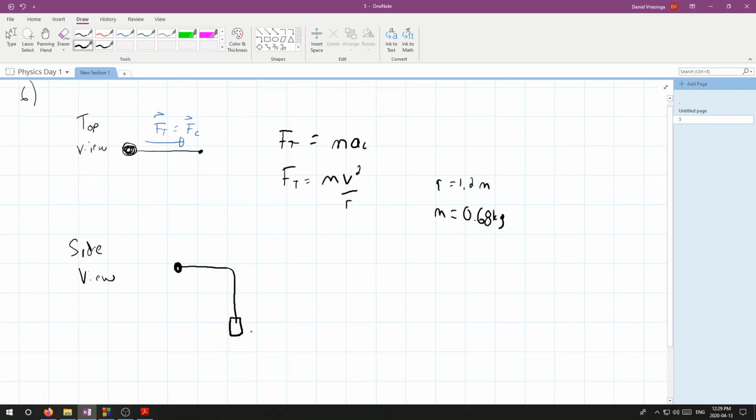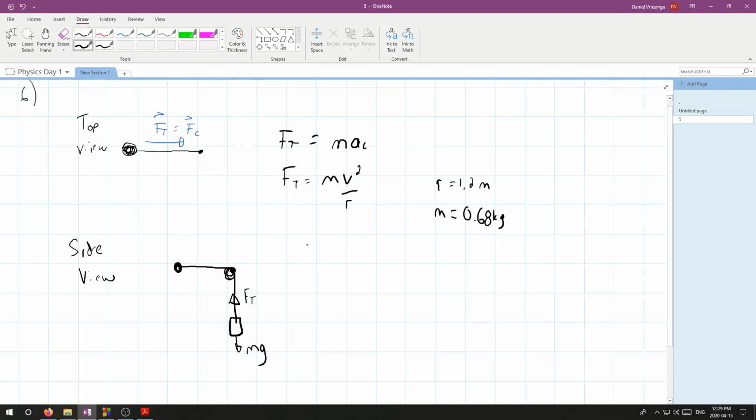There's some sort of mass on here, right? This thing is in perfect equilibrium as well. So the tension in the rope, if I just look at the free body diagram of this thing, I will see that there is some sort of tension pulling on it. And then this is the mass times gravity. And those two things will have to balance, because it says the system is in equilibrium.